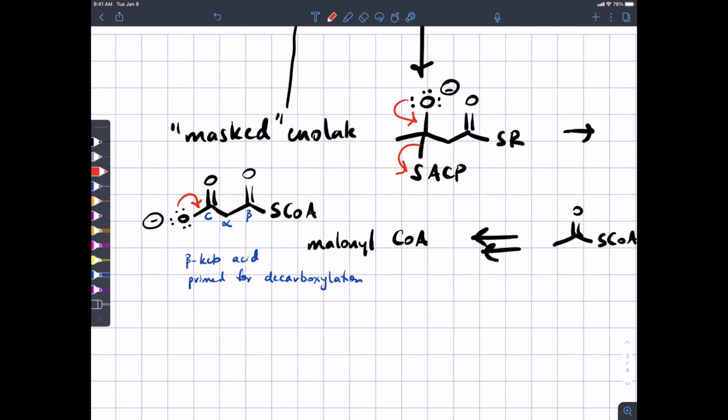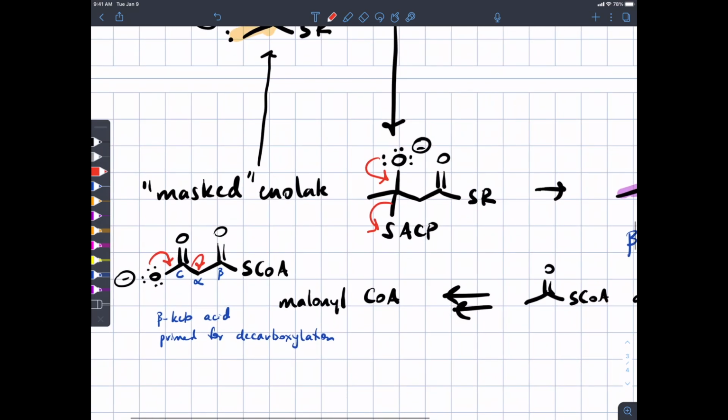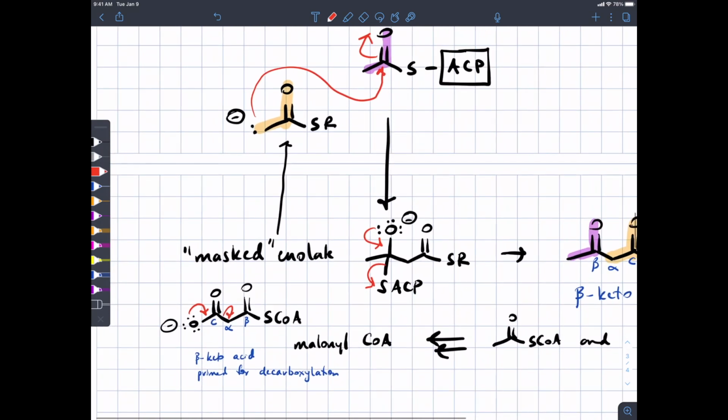Electrons kick here and then end up on the alpha carbon. That's where we get our enolate from. And of course, CO2 bubbles off, gets dissolved in your blood, and you exhale it from your lungs, but it's likely this loss of CO2 that provides the thermodynamic driving force that makes making the enolate downhill.